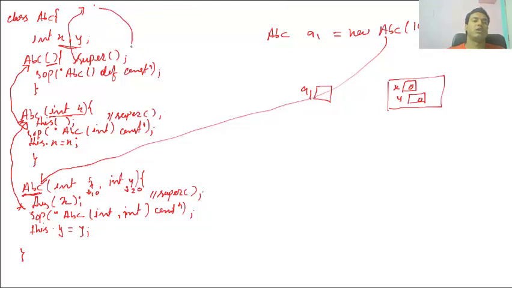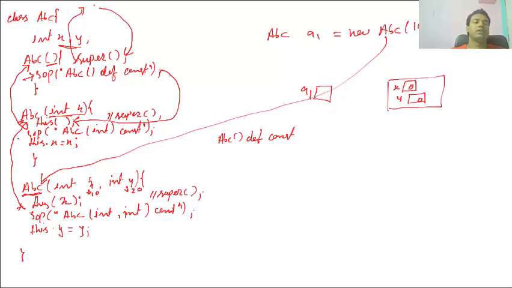Now when control comes back, it comes back to where it has gone from, it is here, right? So in these the output should be, say, from here control came and super was done. Now control is at this point, so it should print here ABC default constructor, right? Now this execution is over, so from here control should come back to where it had gone from, so it is this.